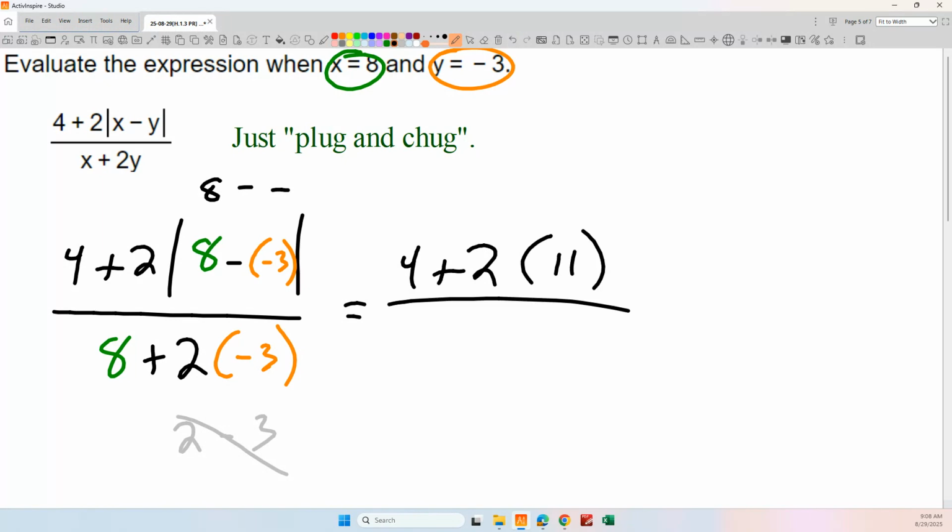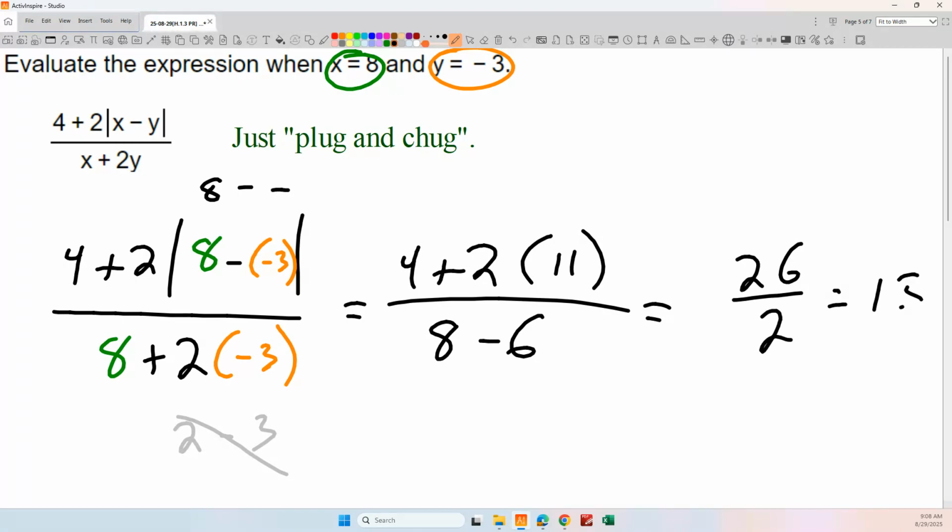On the bottom, 8 plus negative 6, that's the same as 8 minus 6. Good. So do a little mental math. What do we get on top? Say it again. What's 26? Good. Over which is? Very good. Okay. All right.